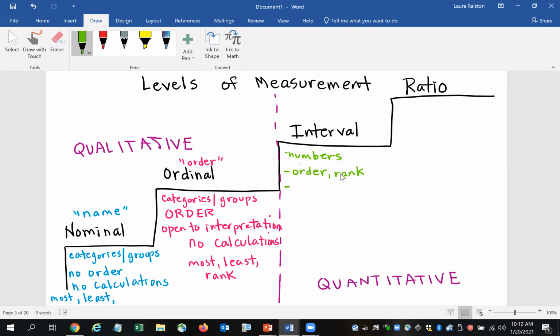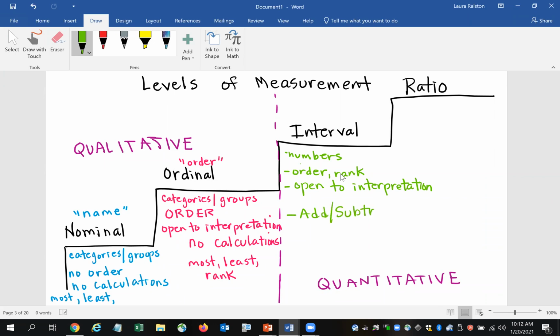But again, the challenge with interval sometimes is that those rankings can be open to the interpretation of the person. Okay, so you still have that sense of order and ranking, but it's open to the interpretation.